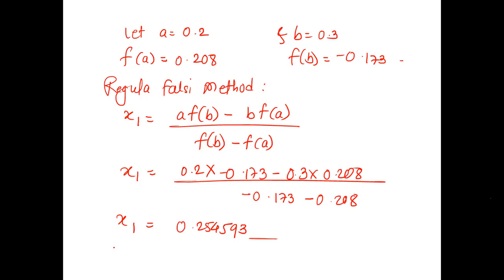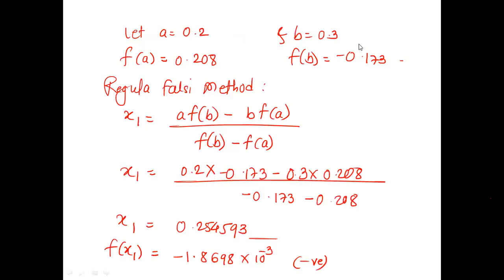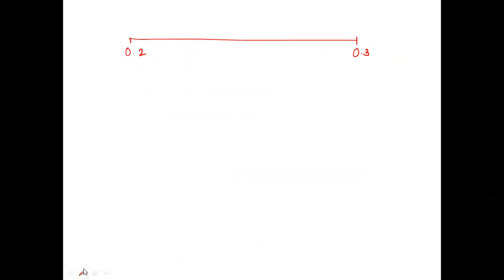Okay, so we should now find f of x1: minus 1.8698 into 10 raised to minus 3. Good, that is negative. Now draw 0.2 and 0.3. At 0.2 we got 0.208, positive, and here at 0.3 negative.